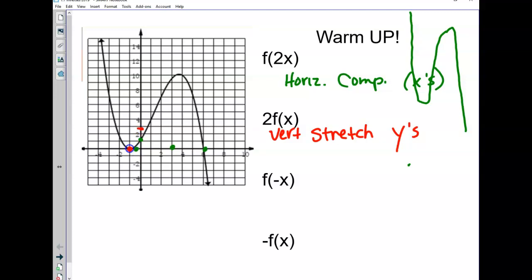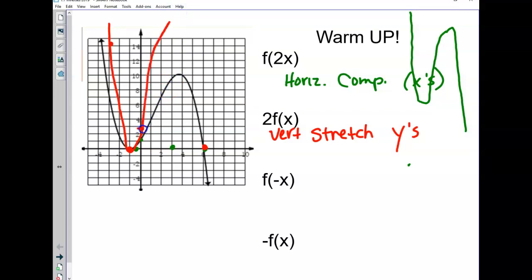This would still be the same x-intercepts, but where this value is at -3.7, it would be at -3.14. It's going to go up faster. So this is at 10, so it would be clear up at 20 somewhere.